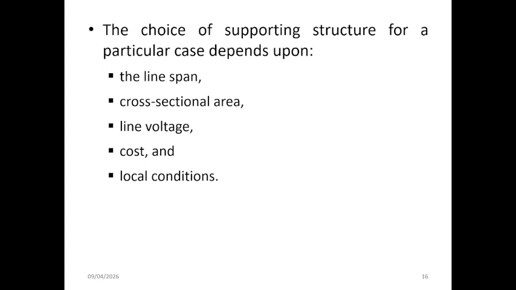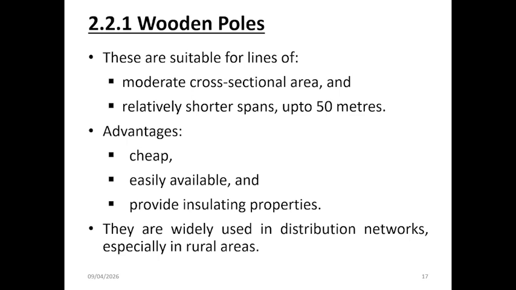Cost is also a key factor, as both installation and maintenance expenses must be considered. And finally, local conditions, including climate, terrain, and environmental stress, can also affect the durability and suitability of different types of supports for our case. Balancing these factors ensures safe, reliable, and economical overhead line construction.